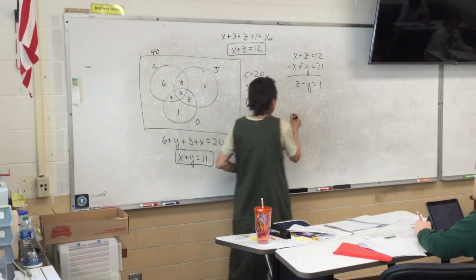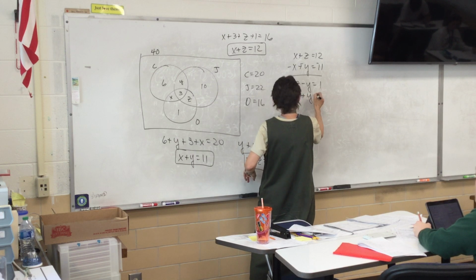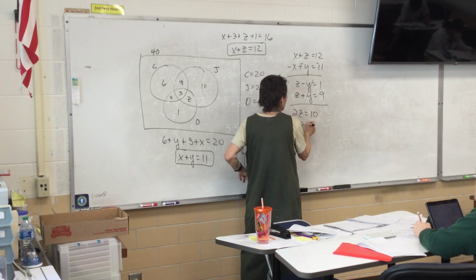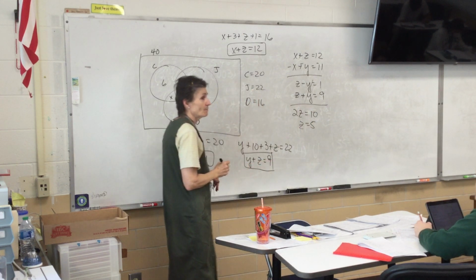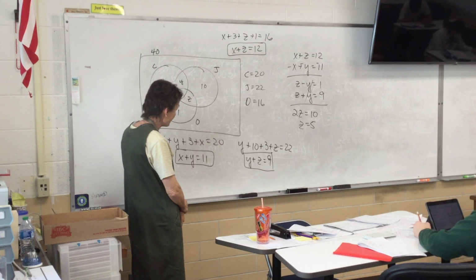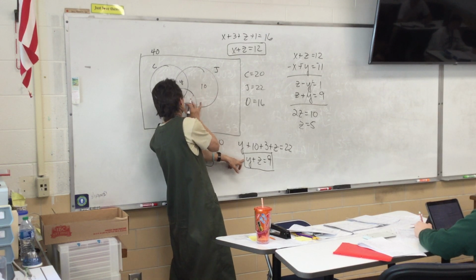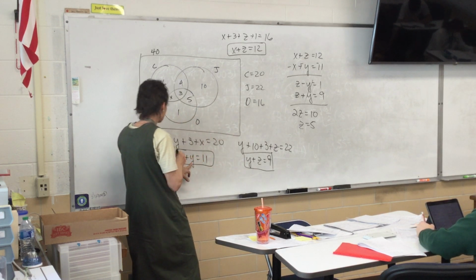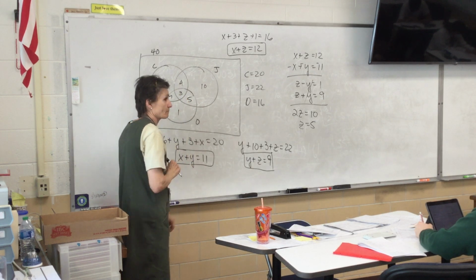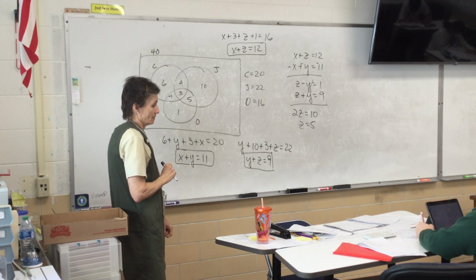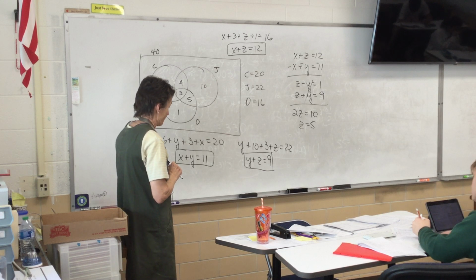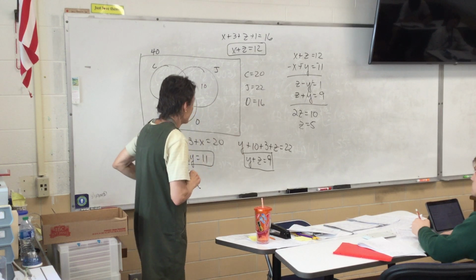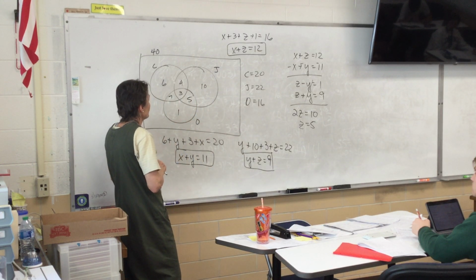But I know that Z plus Y equals 9. So 2Z has to be 10 and Z is 5. Once I know Z is 5, Y has to be 4, and X has to be 7. Again, that's 3 equations, 3 unknowns. You can do a Gaussian elimination or Gauss-Jordan reduction on that if you want to.